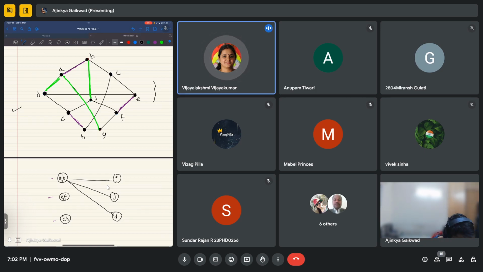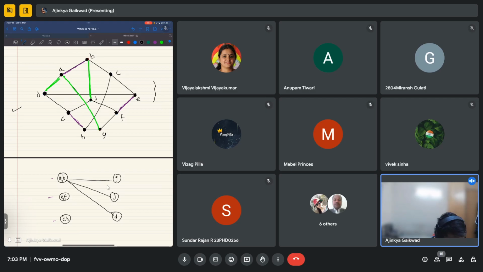B is adjacent to C. Wait, I have missed some letter. G, J, so let's say G, H, I, J, K, Z. I don't know. Let me put Z. Let me think. I think I made a mess.